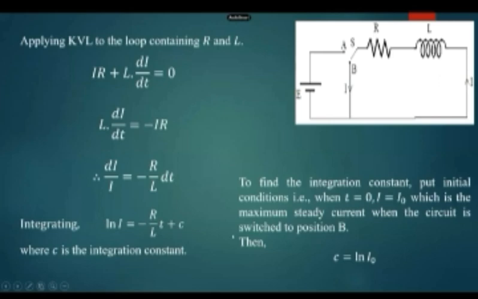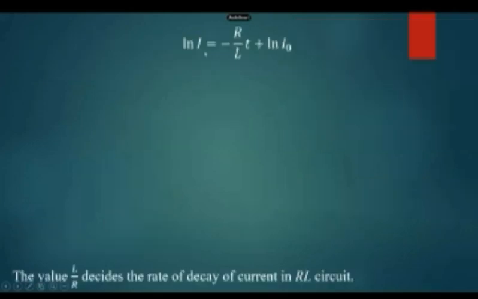Substitute for C and simplify it further. You will get ln of I is equal to minus r by L into t plus ln of I naught. Collect the terms containing ln of I naught on one side.